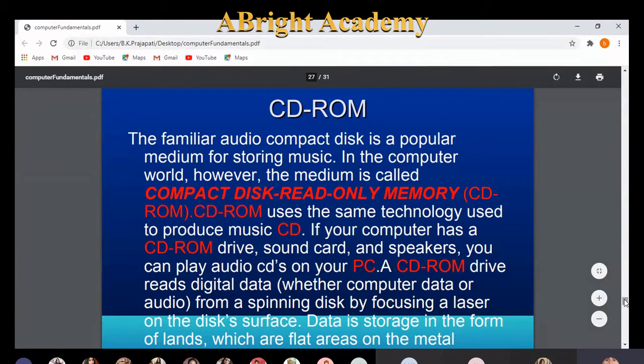CD-ROM, the familiar audio compact disc, is a popular medium for storing music. In the computer world, however, the medium is called compact disc read-only memory.